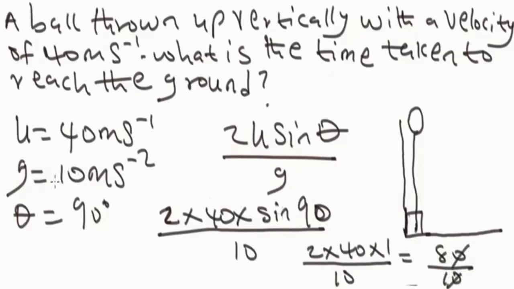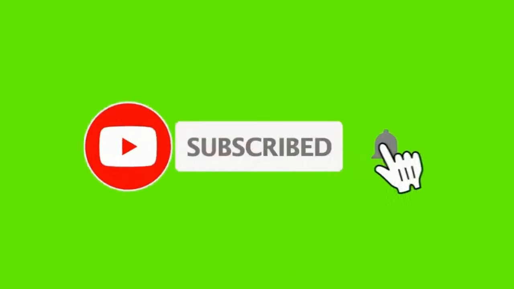You can see that our time of flight to reach the ground will be 8 seconds. Alright, so this is basically how you can solve problems involving projectiles in physics. And with this, we have come to the end of this class. Hope you learned something interesting.